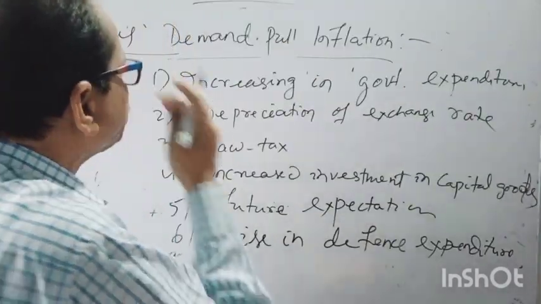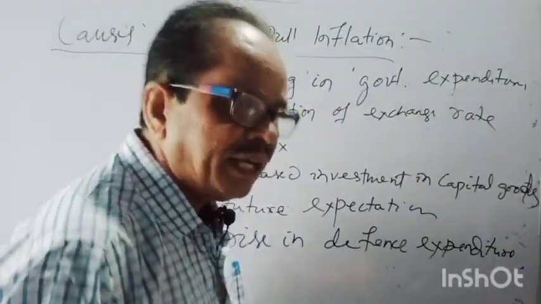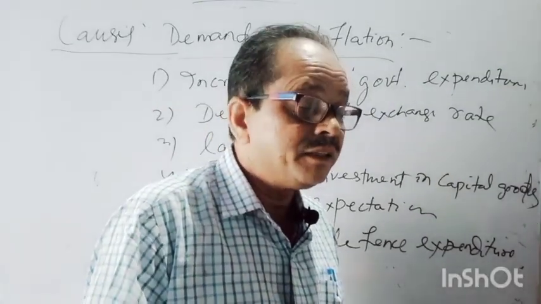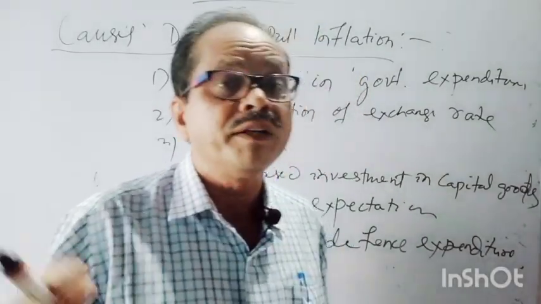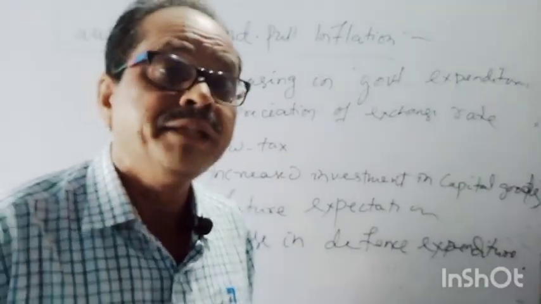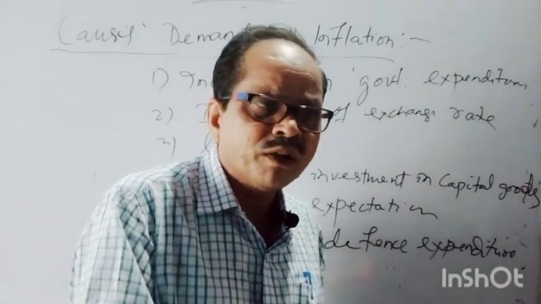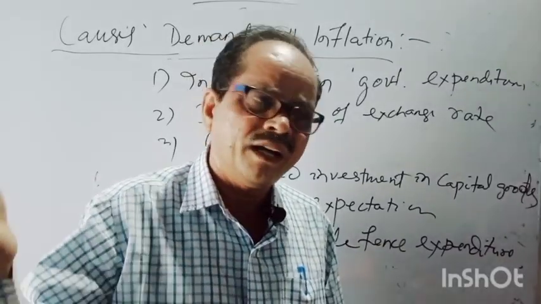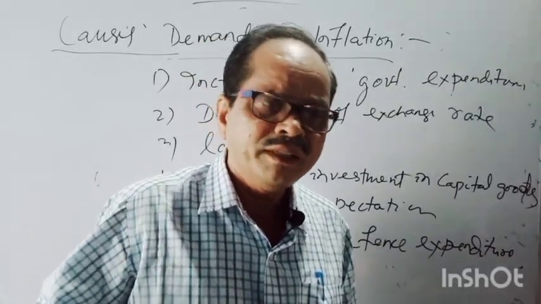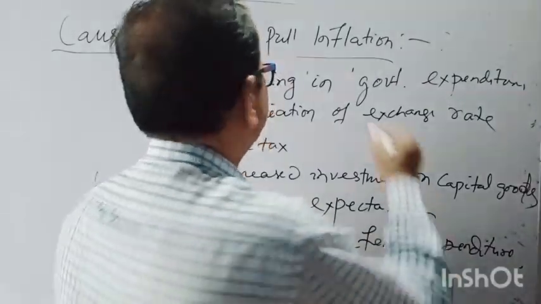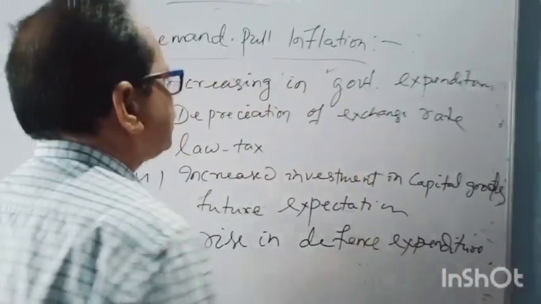When government expenditure rises, the disposable income in the hands of the people also rises, and they demand more. But the supply of commodities has already fallen, so automatically the price will rise. Second one is depreciation of exchange rate.